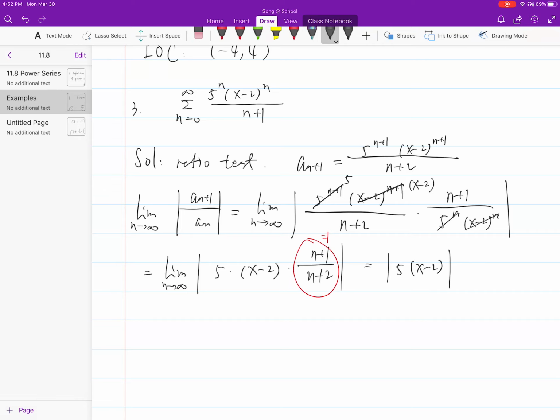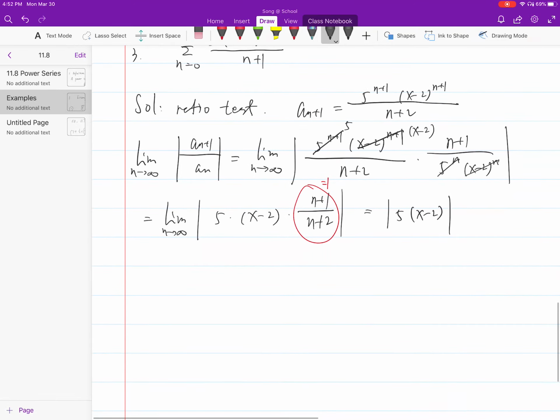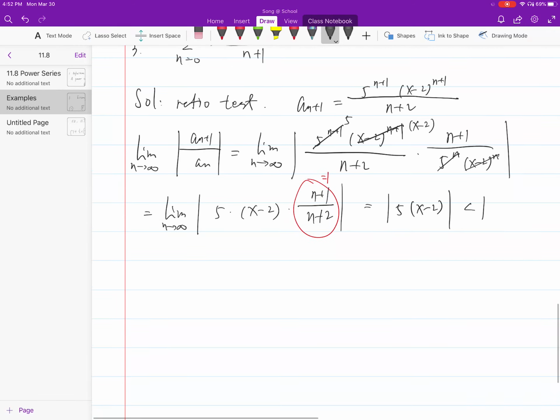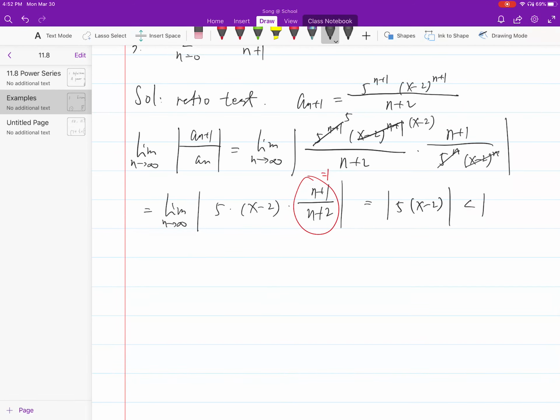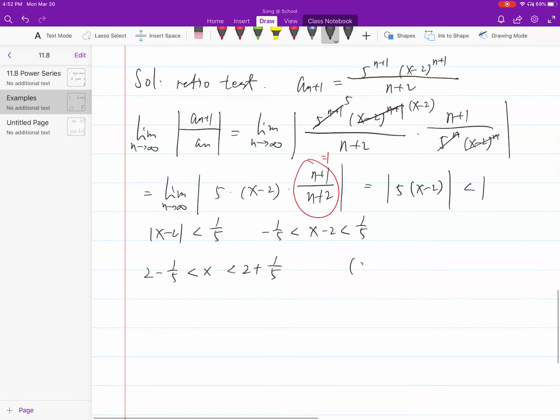Now in order to finish, when will this one converge? When it's less than 1. That means you divide by 5. That gives you everything from 2 minus 1/5 all the way to 2 plus 1/5.